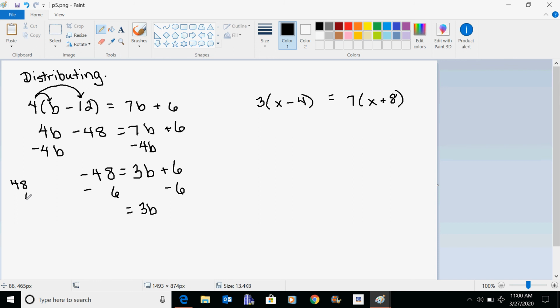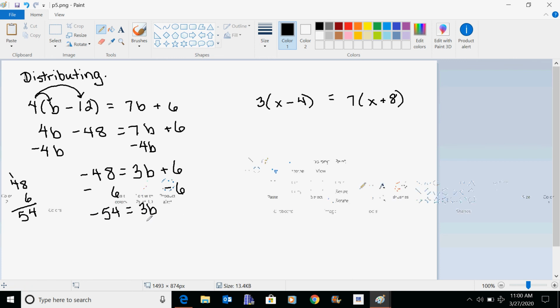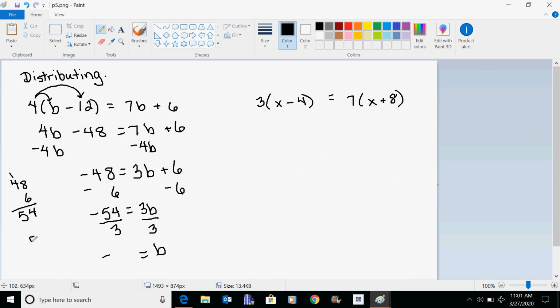So 48 and 6 end up getting added. And that gives me 54, but it's negative. I then need to divide by 3. I know my answer is going to be negative something. But I need to take 54 divided by 3. Oops, I got an extra bubble on there.